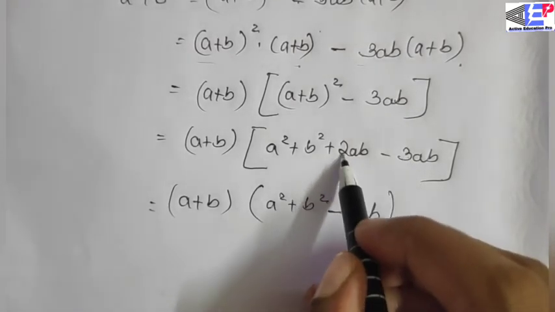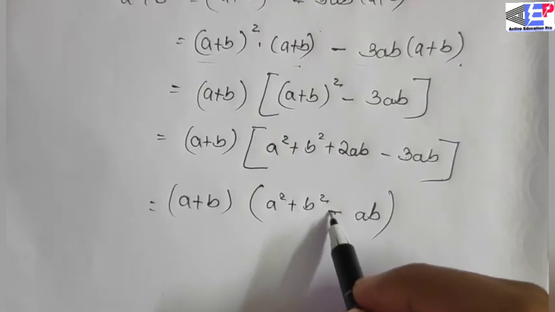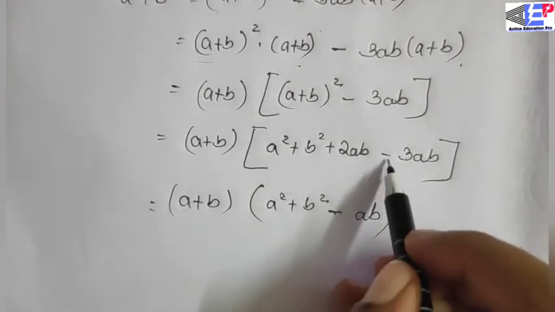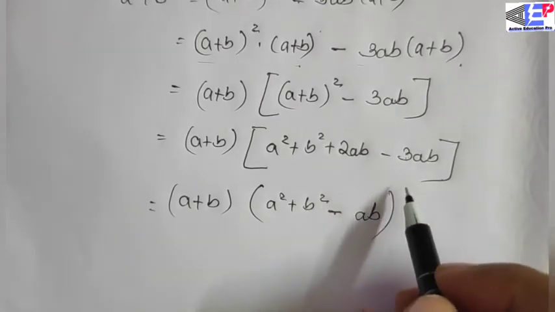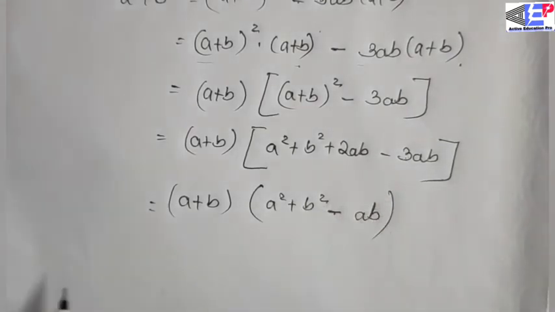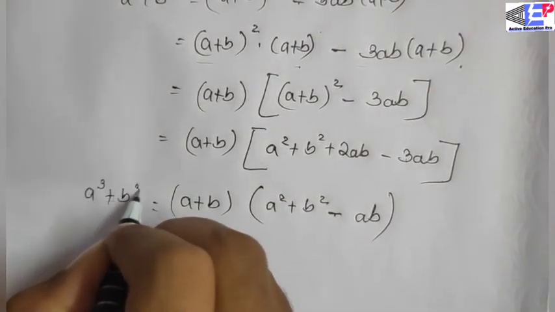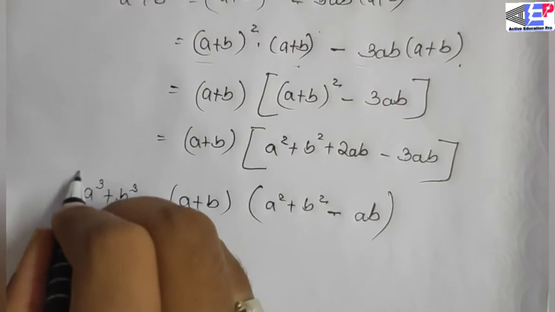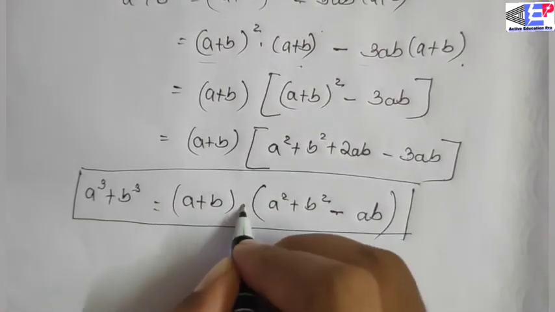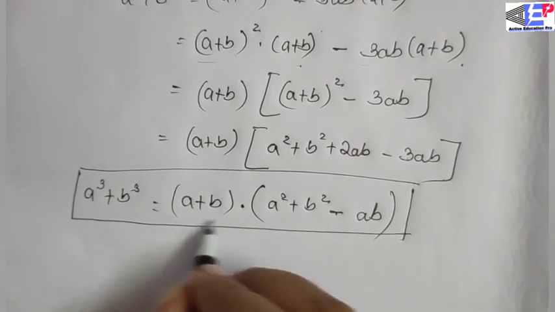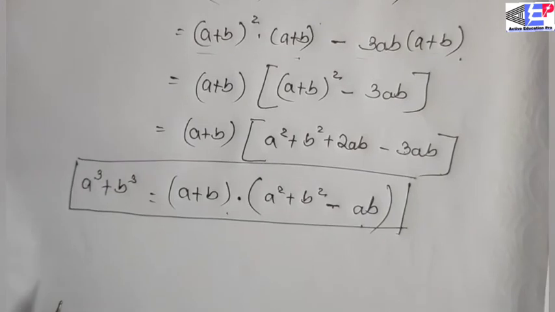Here 3 is greater than 2 and the sign of the greater number is minus, so put the minus sign, then subtract the numerics. 3 minus 2 is 1, and write the variable, so it becomes minus ab. It is the factorial formula of a cube plus b cube, with the first factor and the second factor.